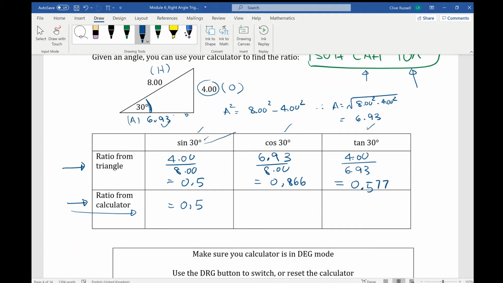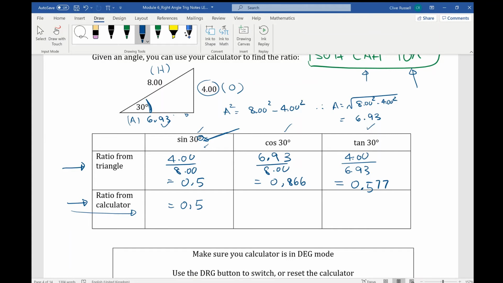If you look right here, you see that little sign after the 30 degrees, that's your degree sign. So make sure that your calculator is in degree mode. All right. For most calculators, you'll put sine then 30, but for some, you have to put the angle first.